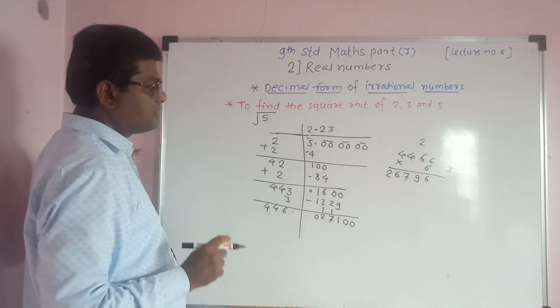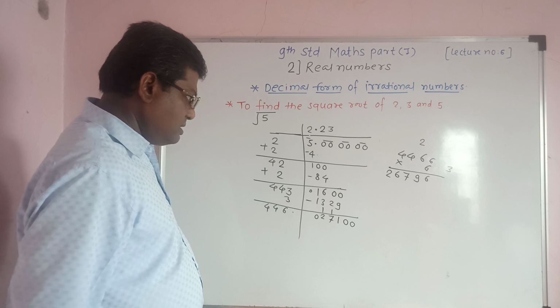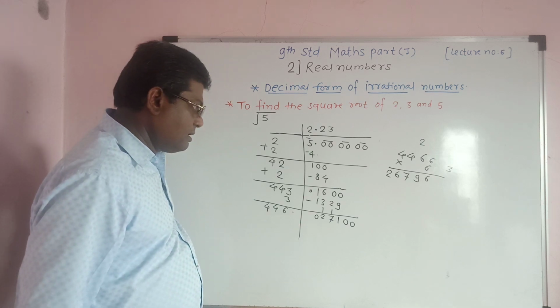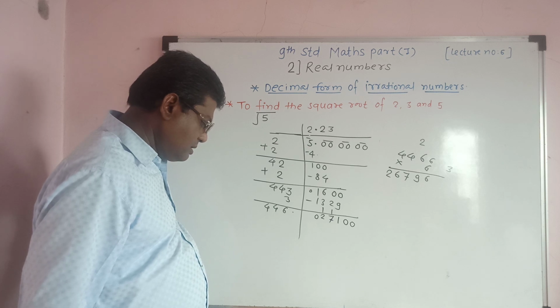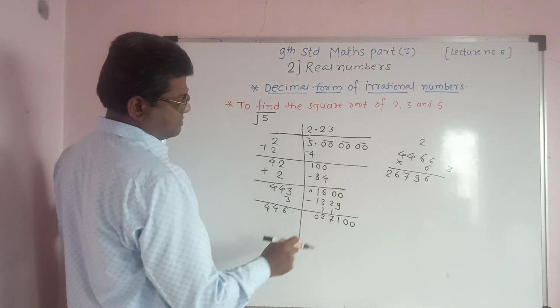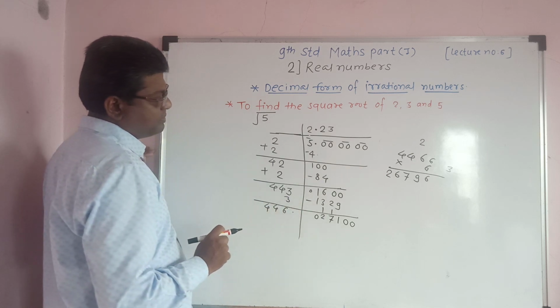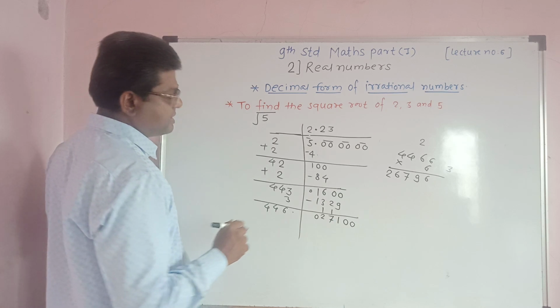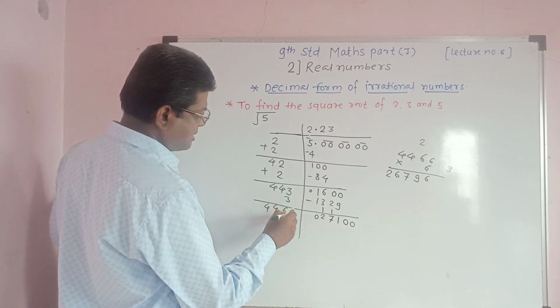So that number is 26,796. So this number is less than this number, and this number is closer to this number. Therefore we select a 6 here.